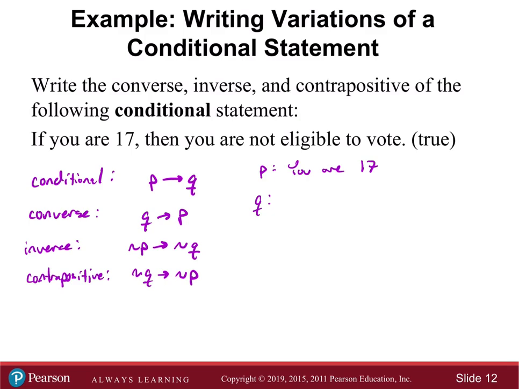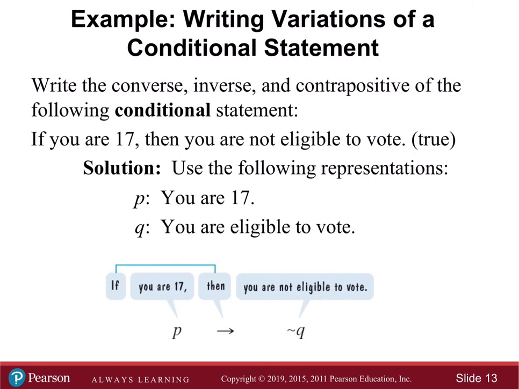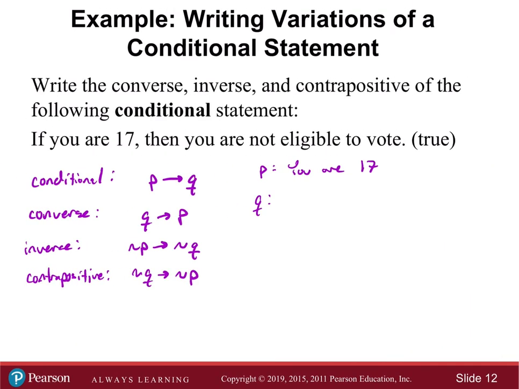It just depends on how you set it up. Let's say Q is you are not eligible to vote. I feel like that's going to be a little bit confusing. Okay, let's say Q is you are eligible to vote. That's better.